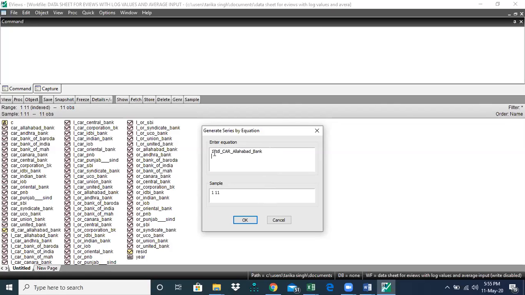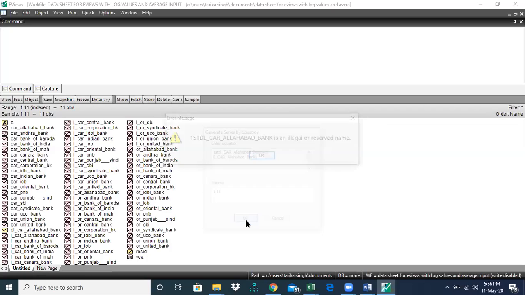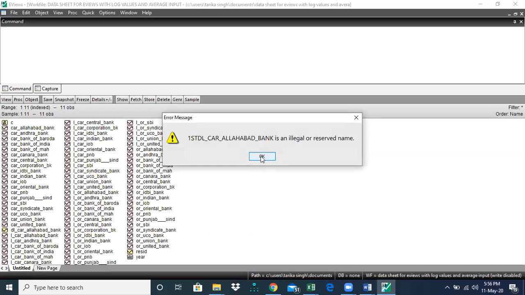So my series name would be first difference of L, that is log value of CAR Allahabad Bank, then the equal to sign, then D, bracket start, not like this, and I'll put the name of the series of which I want to find the difference.